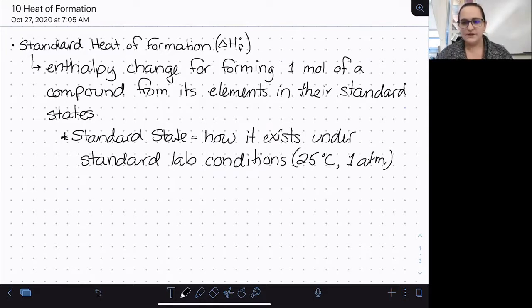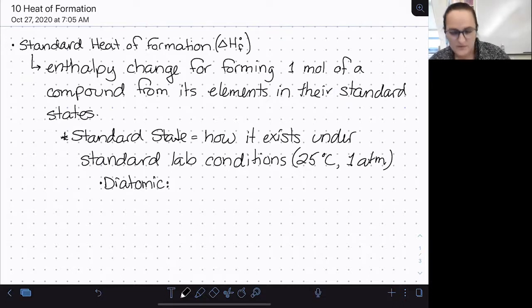So standard states of the elements, you don't need to memorize them all or anything. Most everything is a monatomic solid. So if you're ever not sure, it's probably the way to guess. Things that are diatomic, you should be aware of. So there are 7 diatomic elements.